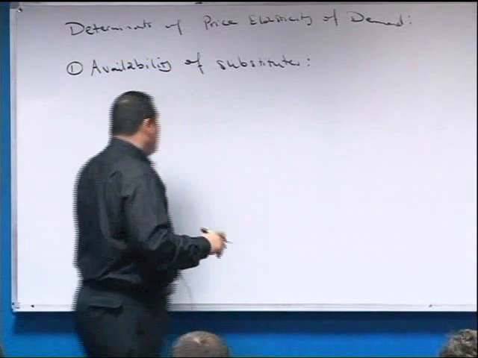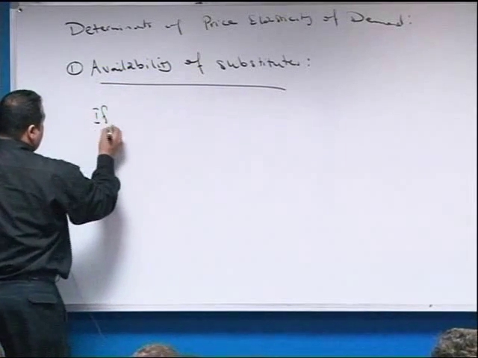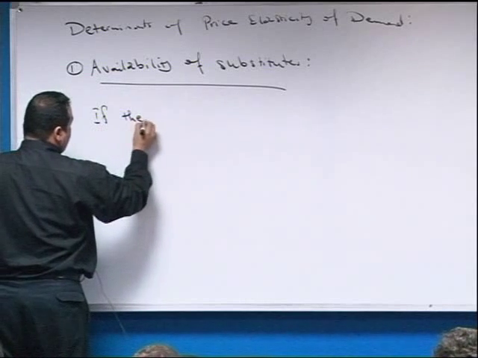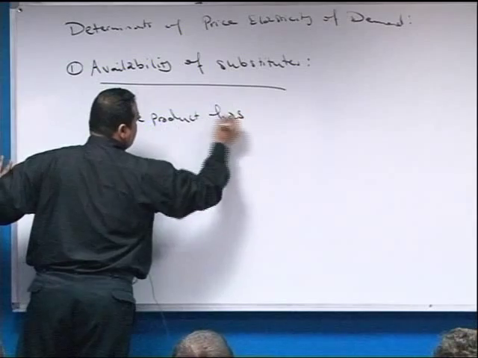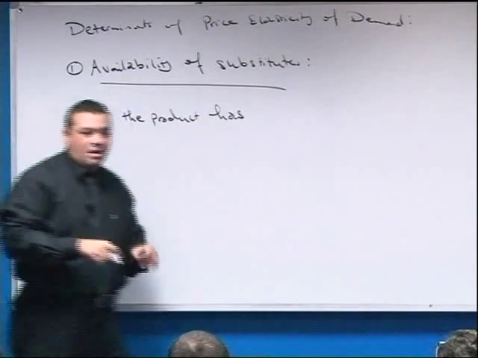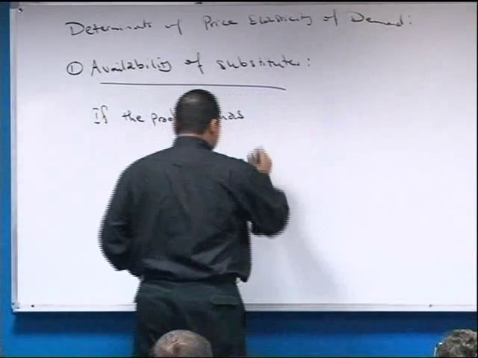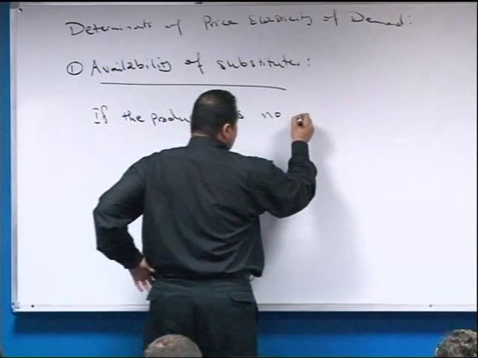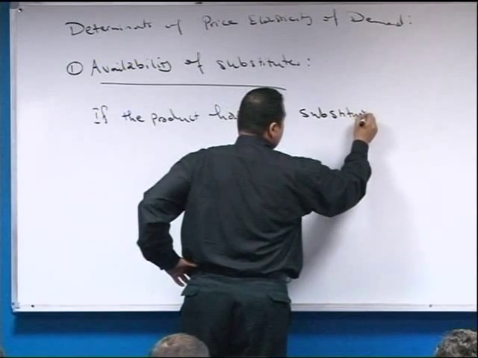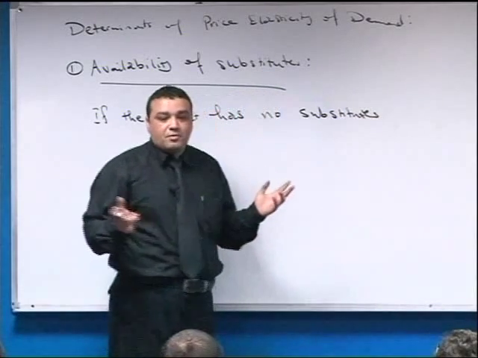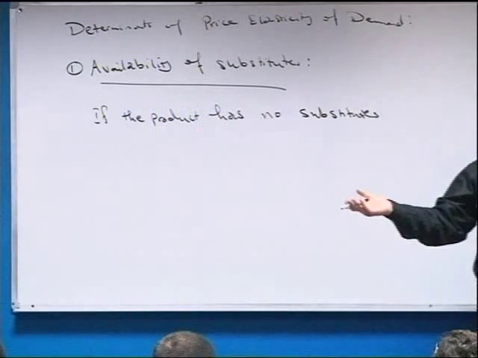Why? If the product has a few alternatives, or no alternatives or substitutes, like the demand for insulin for the diabetic patient or the demand for flour.